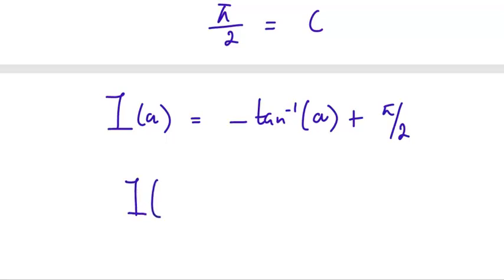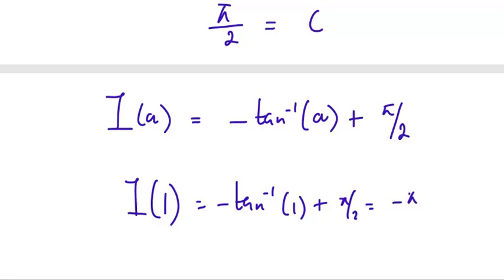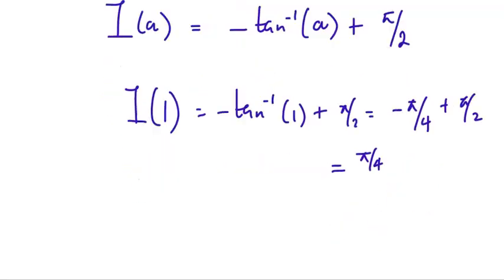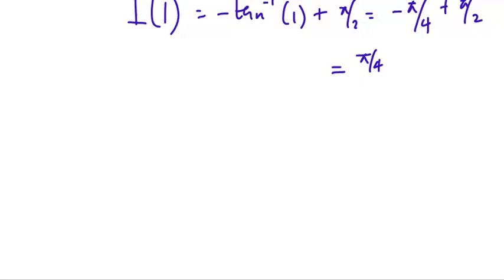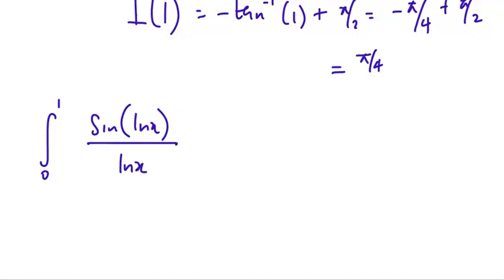Therefore, we see that I of 1 is equal to negative inverse tangent of 1 plus pi by 2, giving us negative pi by 4 plus pi by 2, and that will give us positive pi by 4. So therefore, we can say that our integral from 0 to 1 of sine of natural log of x divided by the natural log of x dx is equal to pi all over 4.